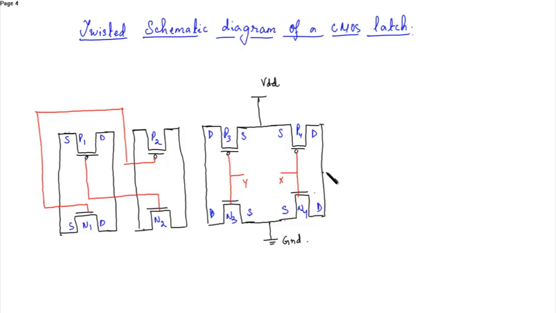Okay, so we know that from the schematic, this was X, this was the output of X, this was Y, the output of X was Y. So here this is the output of X that is connected to Y. So this Y is connected to X. Okay, connected to here.